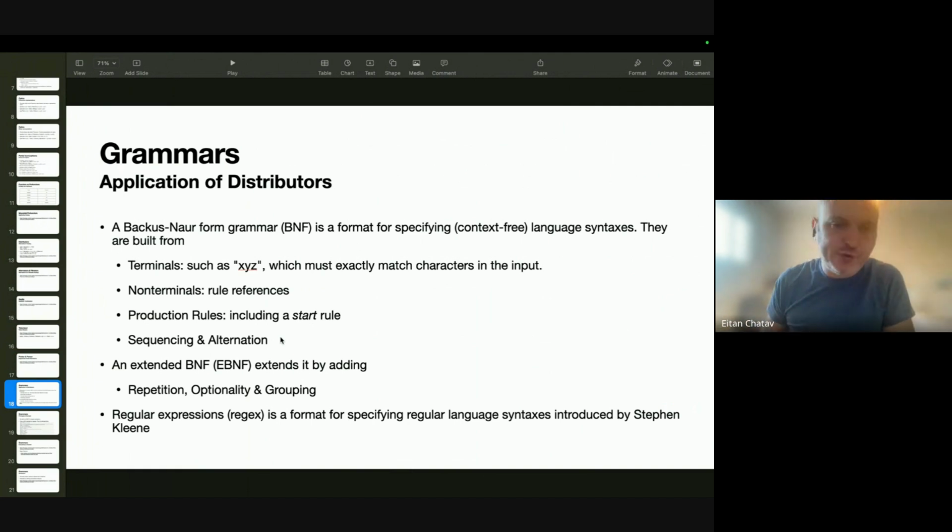Non-terminals, which are also strings, but strings that refer to production rules, which include a start rule, which is where you start the grammar, and sequencing, which is just putting things next to each other, and alternation, which is or. It can be either this or that. And an extended BNF, eBNF, extends BNFs by adding repetition, optionality, and grouping, parentheses, like we said.